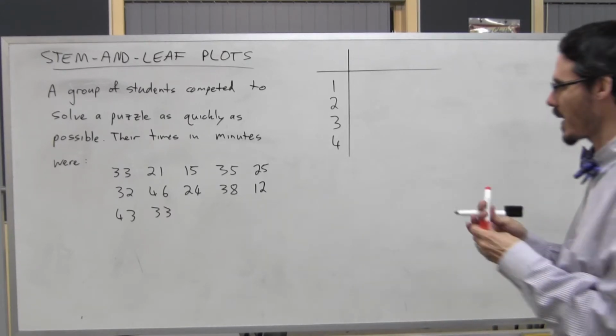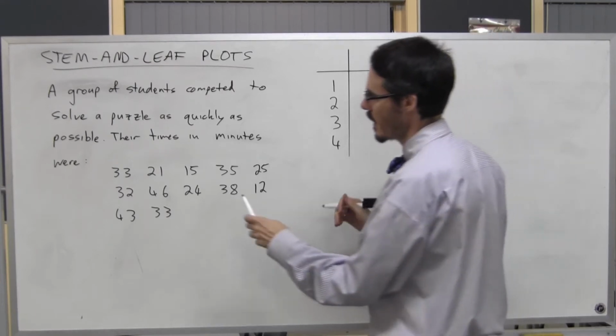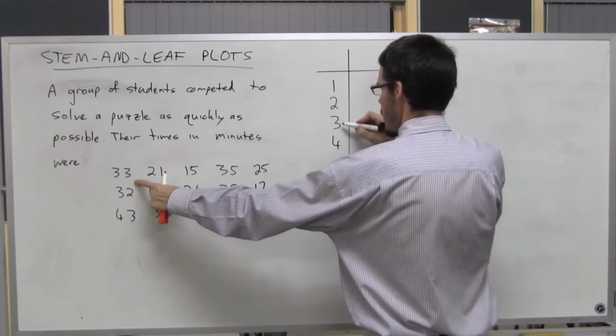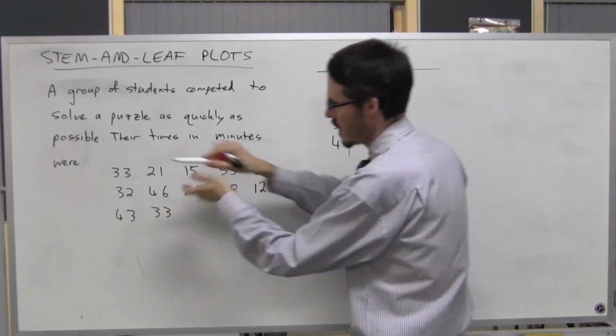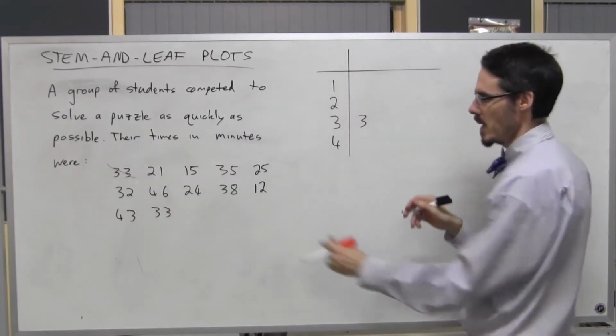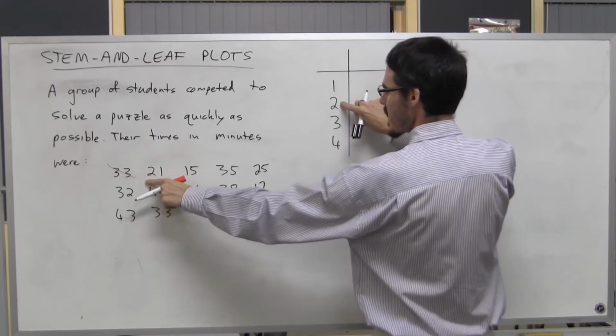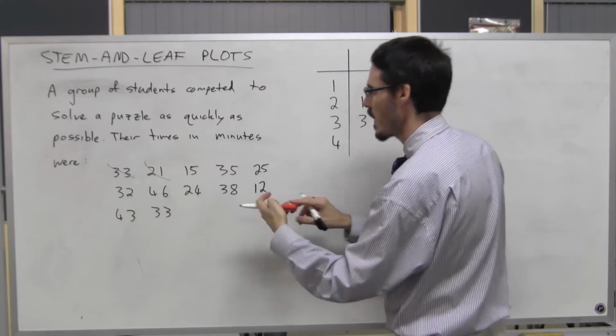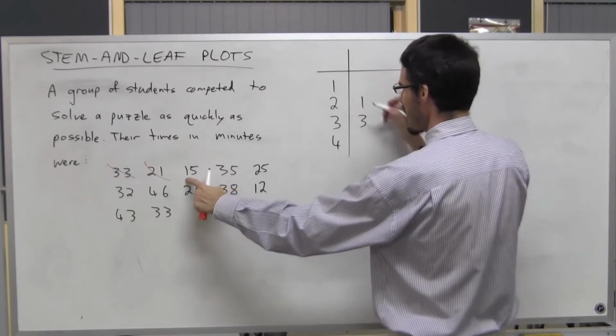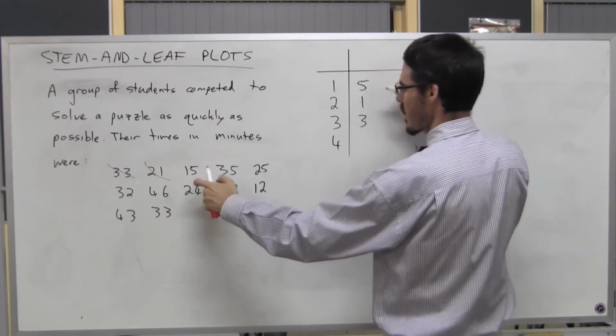Let me get another colour. So, 33, stem is 3 and the leaf is 3. 21, the stem is 2 and the leaf is 1. 15, the stem is 1, the leaf is 5.